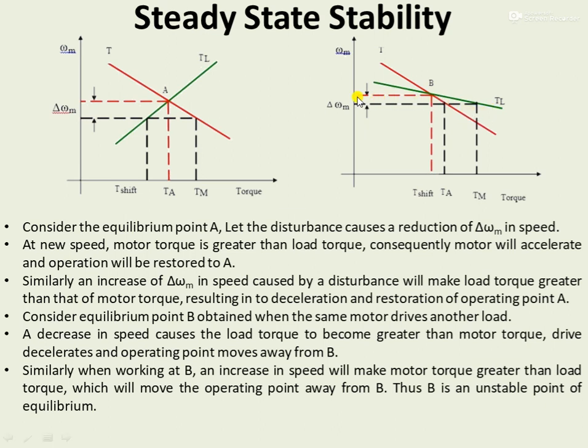Similarly, if due to some disturbance there has occurred an increase in speed, at the increased speed point the value of motor torque is greater than that of the load torque.